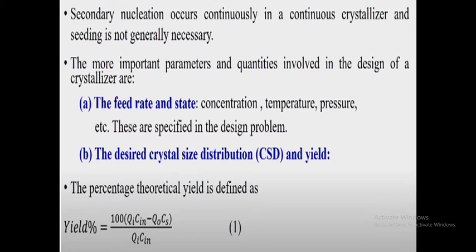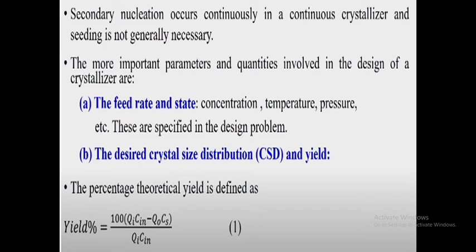Percentage theoretical yield is defined as percentage yield is equal to 100 into Qi Cin minus Q0 Cs divided by Qi into Cin. This is equation number 1.